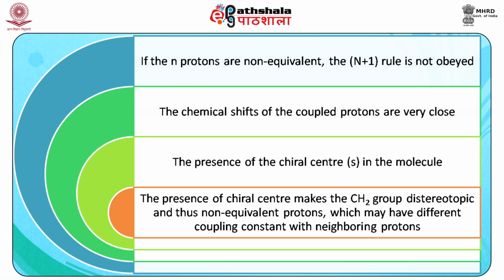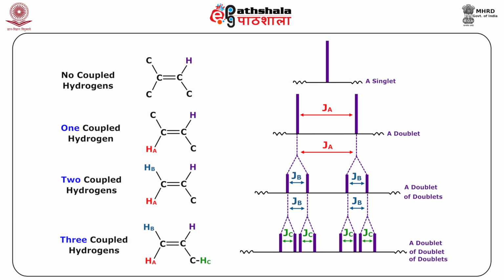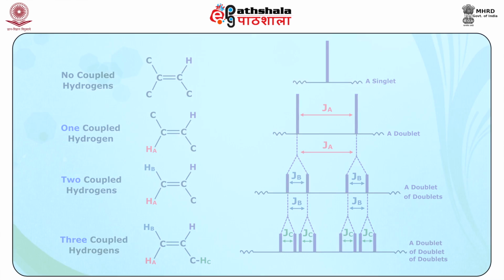The presence of a chiral center makes the CH2 group diastereotopic, and thus non-equivalent protons exist, which may have different coupling constants with neighboring protons. Now, you can see various cases in this figure, one with no coupled hydrogens, the other with one coupled hydrogen and the other with 3 coupled hydrogens, and their splitting patterns henceforth.